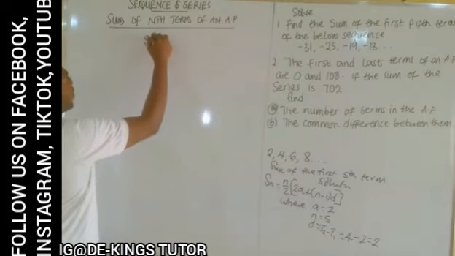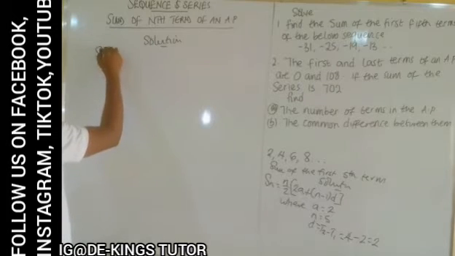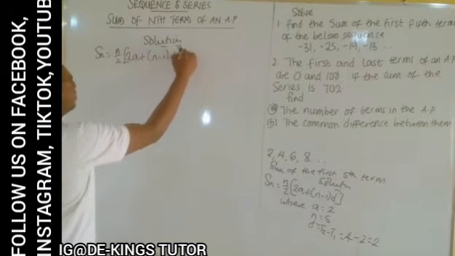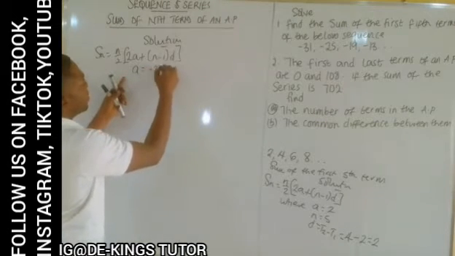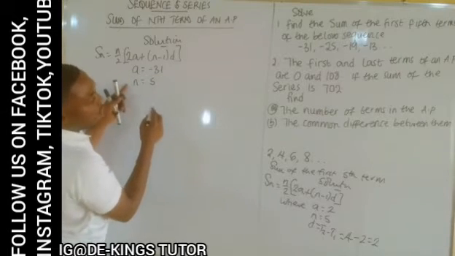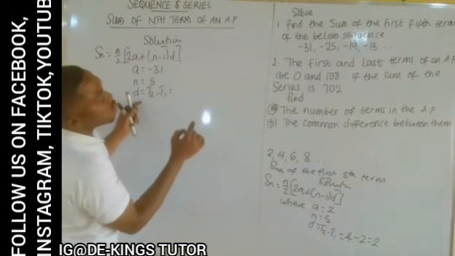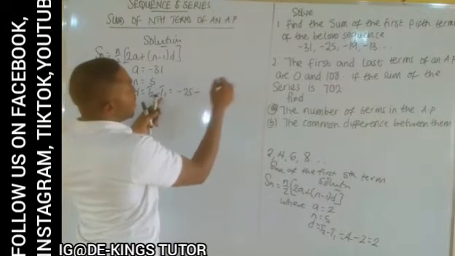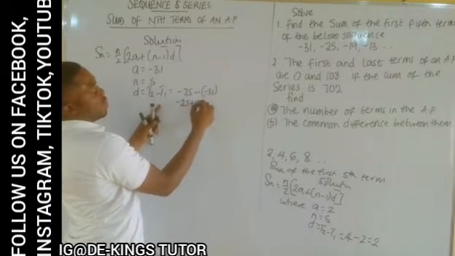So we recall our formula as Sn = n/2 (2a + (n - 1)d), where our a is minus 31, our n is 5, the first 5 terms, and our d is T2 minus T1. What is T2? T2 is minus 25. Minus 30. T1 is minus 31. So minus 25 minus, minus times minus is plus, 31.